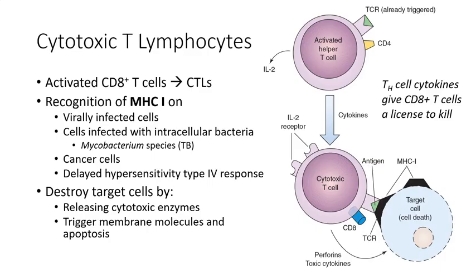Our CD8 cytotoxic T lymphocytes are able to recognize antigen on MHC1 molecules. By communicating with a foreign antigen on MHC1 molecules, CD8 T cells are able to recognize and destroy cells infected with a virus, cells that are infected with intracellular bacteria, such as mycobacterium species that cause tuberculosis, and cancer cells.